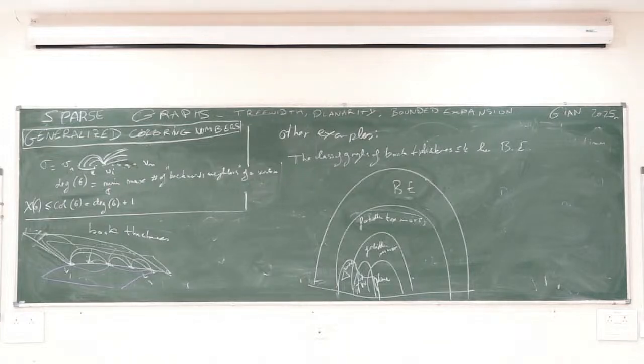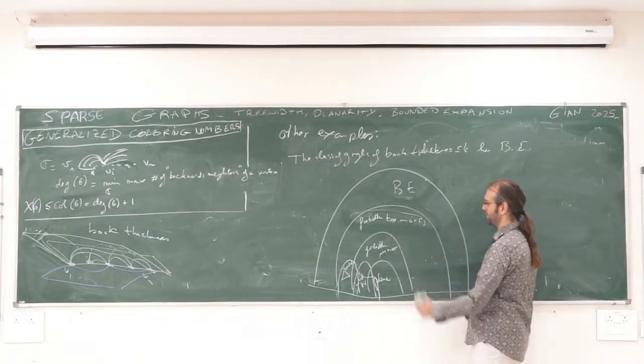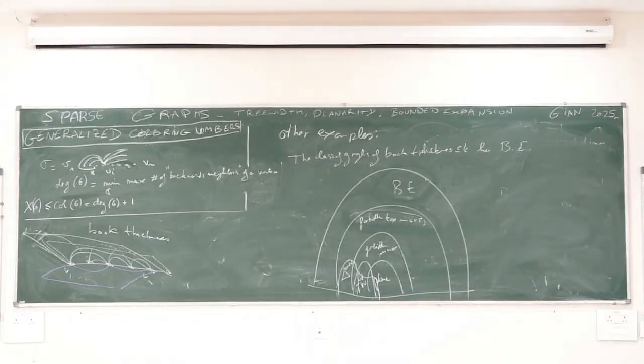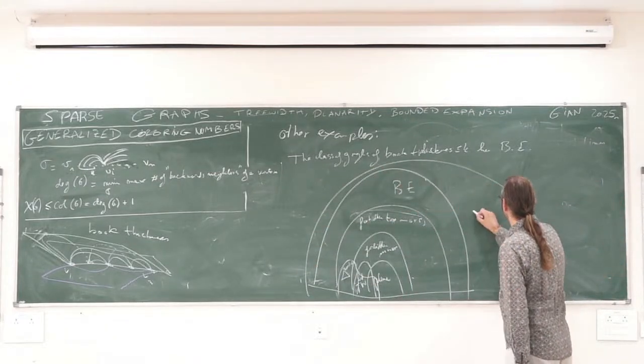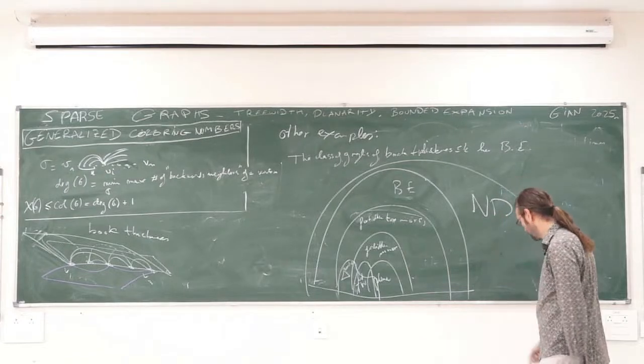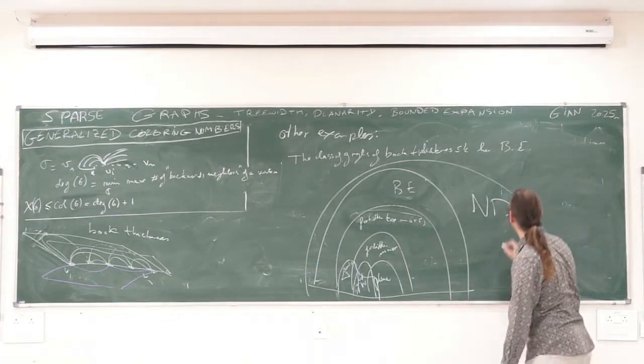So this diagram is maybe not as explicit, because here you can really see the inclusions right away, but it's essentially this diagram where the graph class below is included in the one above. This is the picture to keep in mind for bounded expansion. And then of course you have more dense classes, which is bigger.